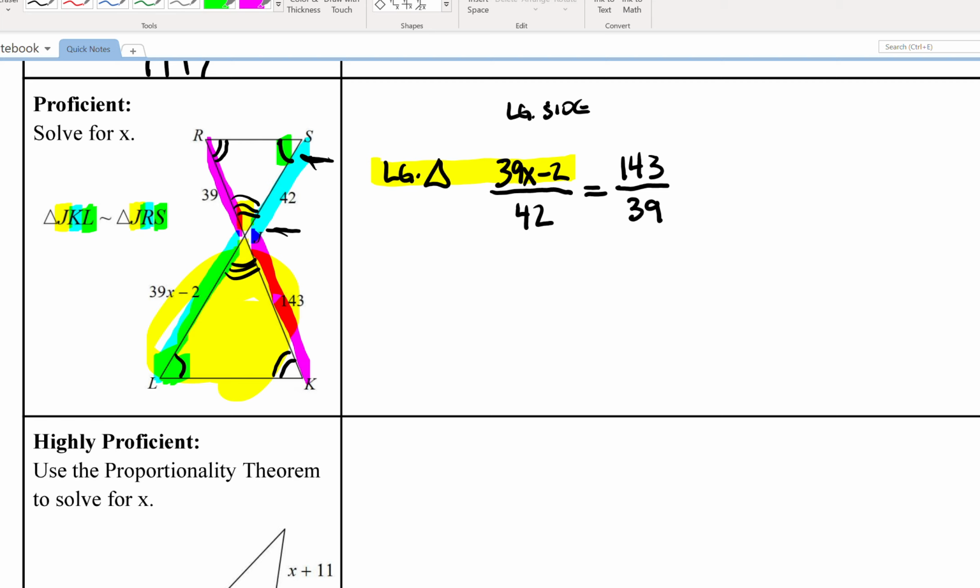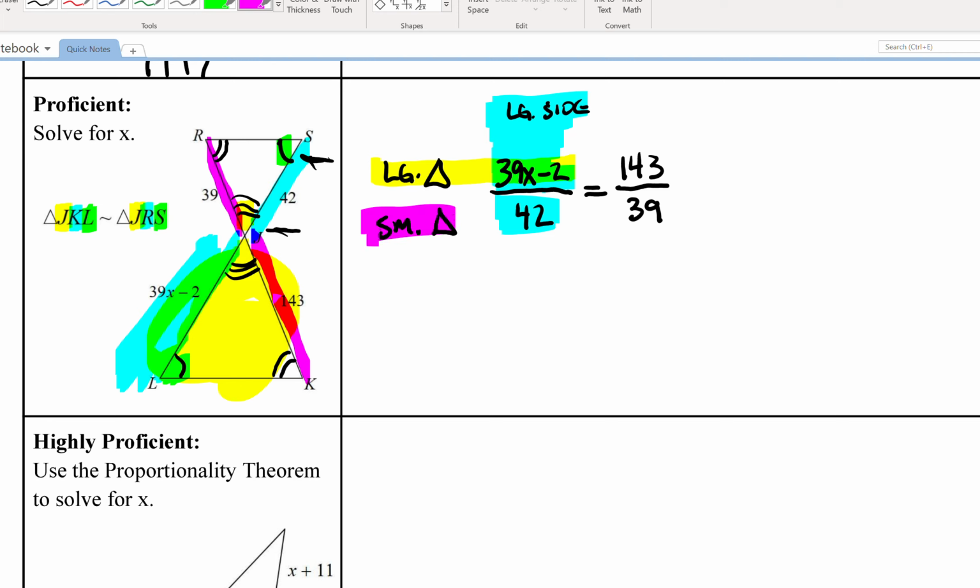The large side is this side over here, and that's what we have here. And so down here, the 42 is the large side, but it's the large side of the smaller triangle.